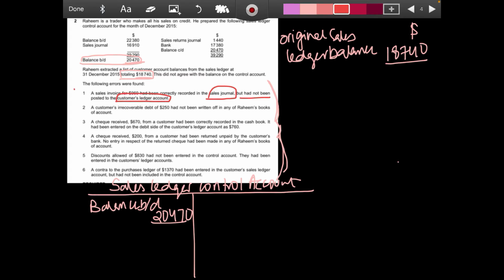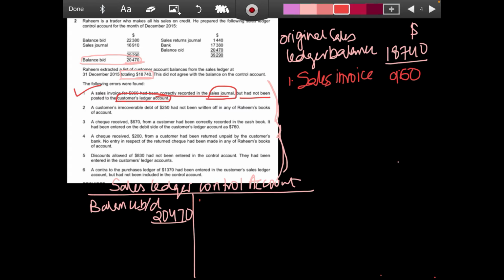So we have to correct this by recording this entry in the individual balances, because it has been correctly recorded in the sales journal. We don't have to adjust the control account's balance, we have to adjust the individual ledgers' balance. So, sales invoice 960.